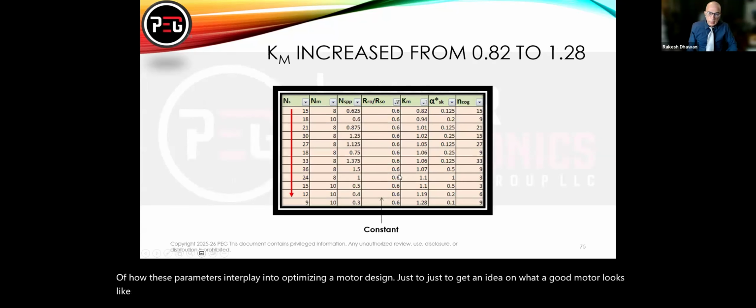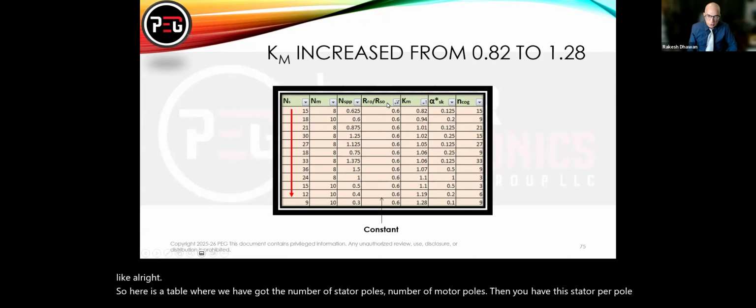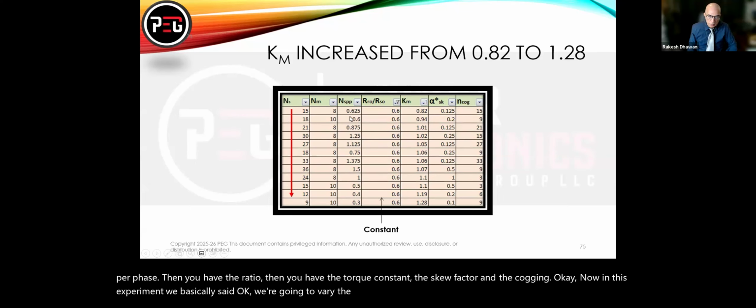All right. So here is a table where we have got the number of stator poles, number of motor poles. Then you have the stator slots per pole per phase. Then you have the ratio. Then you have the torque constant, the skew factor, and the cogging. Okay. Now, in this experiment, we basically are trying to reduce this.